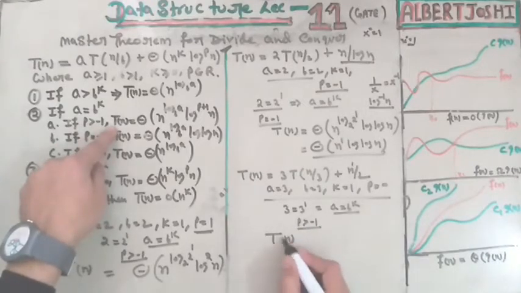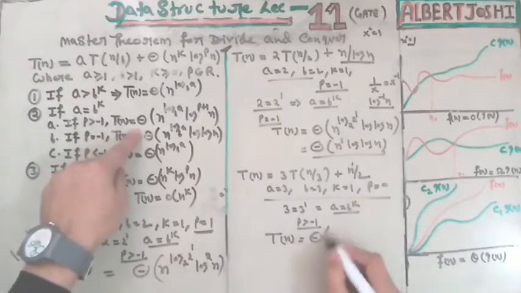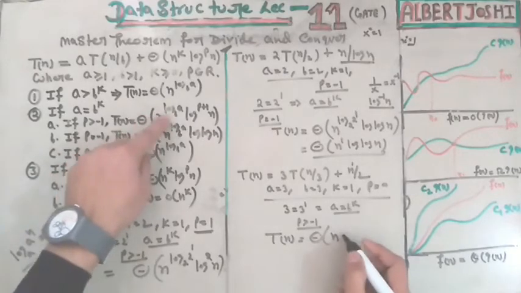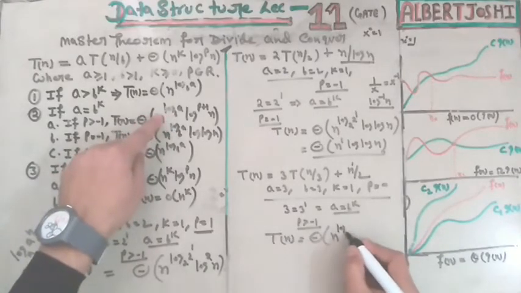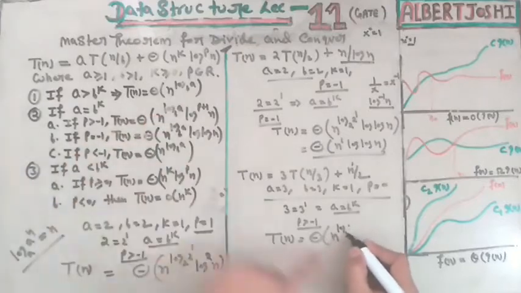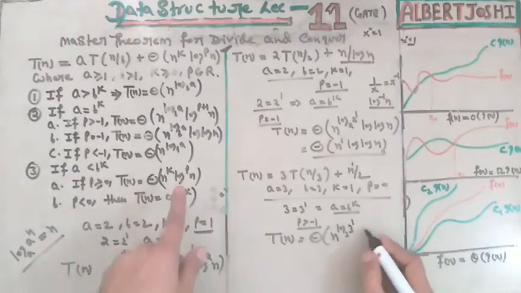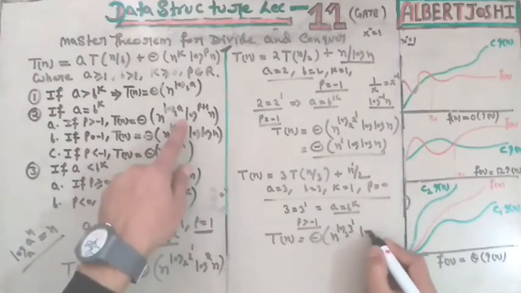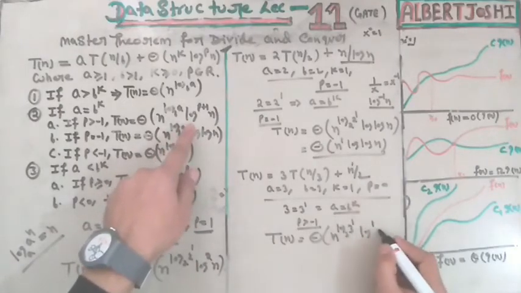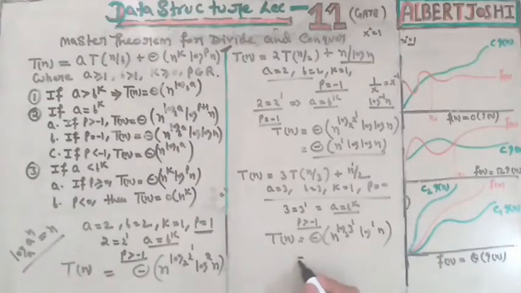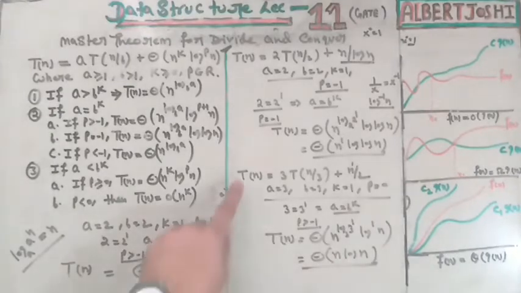Your time complexity T(n) is equal to theta(n^(log_b a)), log base 3 of 3^1, and log^0... log^(p+1) n. So this is 1, theta(n log n). This is the time complexity for such type of problem. This is the master theorem.